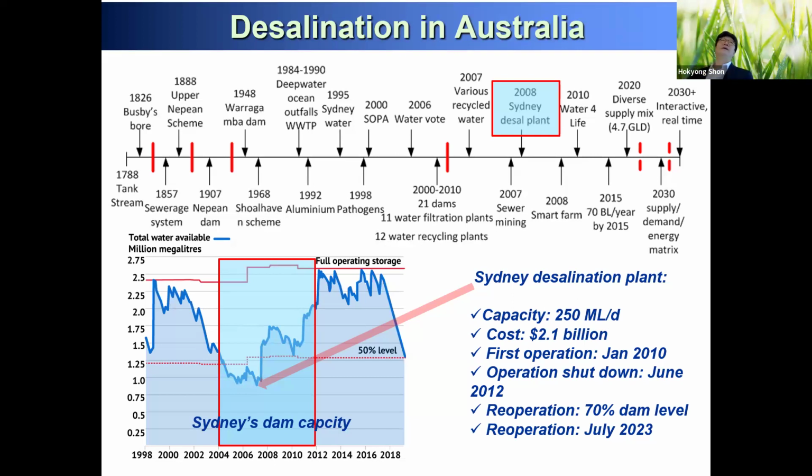And what happened in 2017? So almost 6 or 7 years ago, we had another drought. When we had the first millennium drought, the dam level slowly decreased, and it took around 5 years to go below 50% dam level.